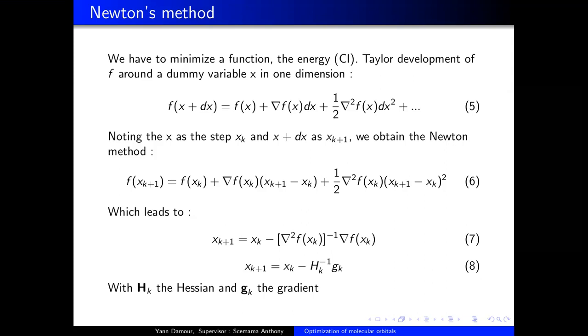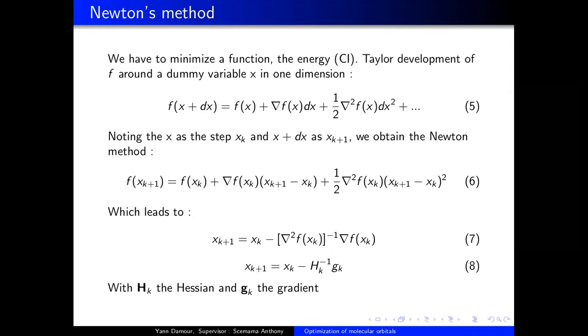So if we note xk the current step, and xk+1 the next step, we obtain the Newton method, with the function at the next step equal to the function at the current step plus the gradient at the current position times the next position minus the current position, plus 1/2 the Hessian times the next position minus the current position, squared.